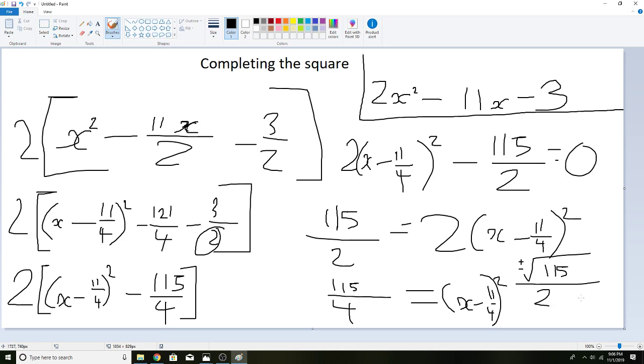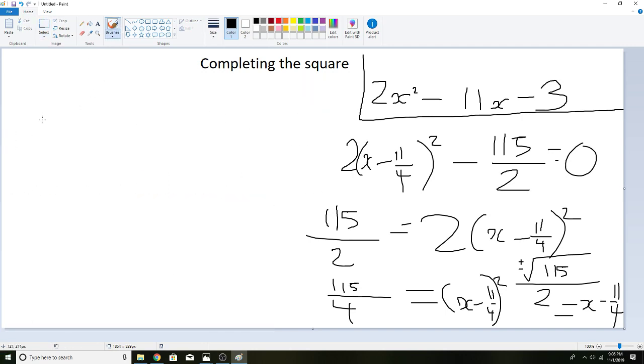I'm running out of space. Equals x minus 11 over 4, and you add that to the other side. But I'm going to have to get rid of this because it's in the way.